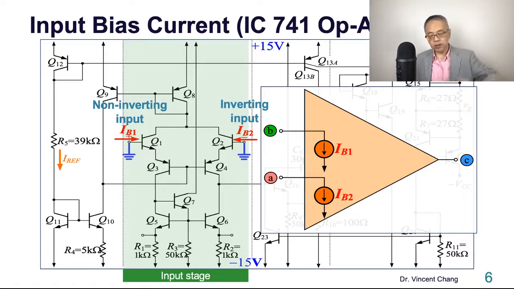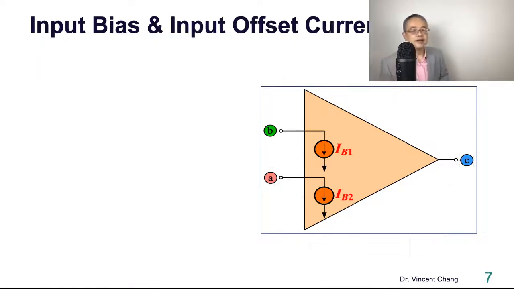If we want the amplifier to work, you have to turn the transistor on, so the transistor is working, is warm. There's a current. That current is the source of the so-called input bias current, the bias for the input transistor of the differential amplifier.